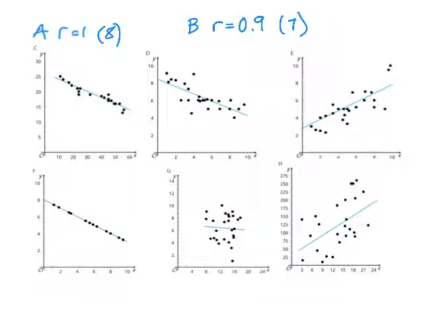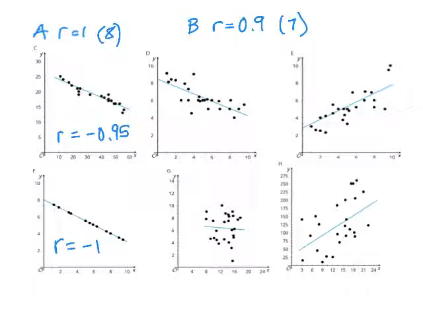All right, for the graph of C, this is a decreasing strong linear model. This is R equals negative 0.95. So it's strong, but it's not as strong as down here in F. F is the best linear model that's negative or decreasing, and that's an R of negative 1.